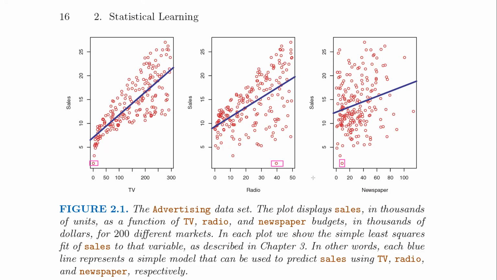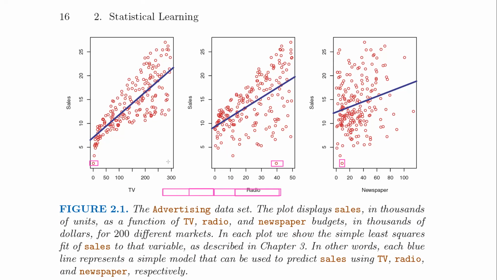So if we're looking at marketing over here, if we're looking at advertising, think of that as, for example, I don't know, in Italy. What your database would actually have is a single row, but 4 columns: the TV budget, the radio budget, the newspaper budget, and the sales.